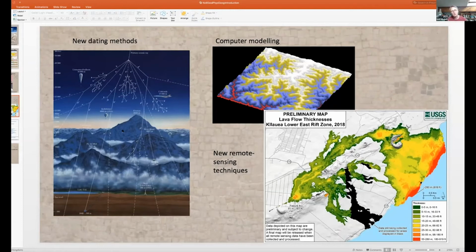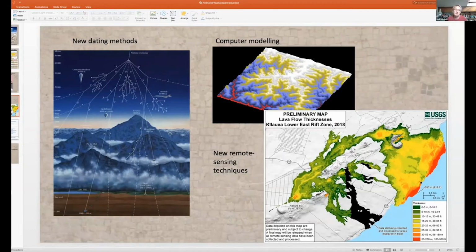By measuring that radiation damage and how it builds up over time, you can work out how long surfaces have been exposed. This has made a huge revolution in our subject area. If you can date different exposures of rocks and you can date the sediments produced by erosion, you can potentially quantify the whole landscape.